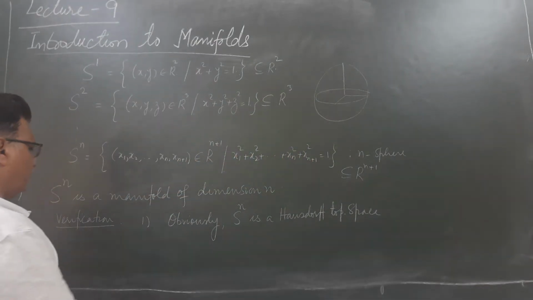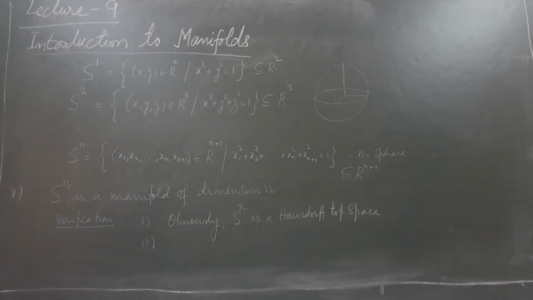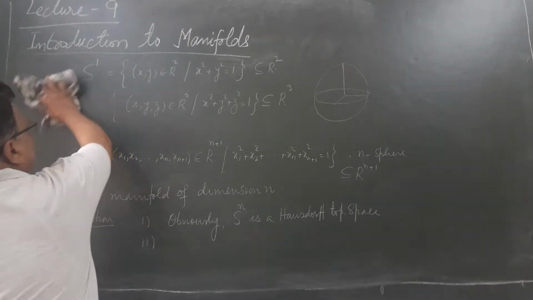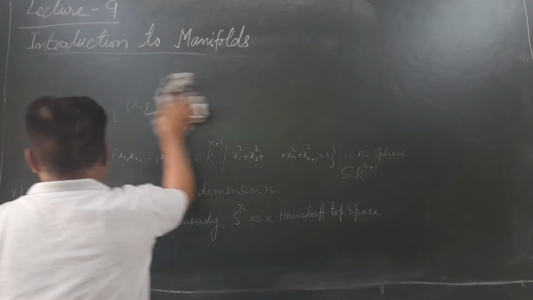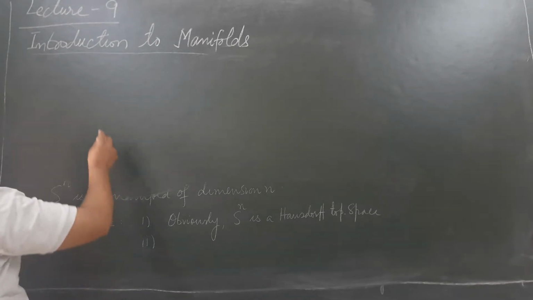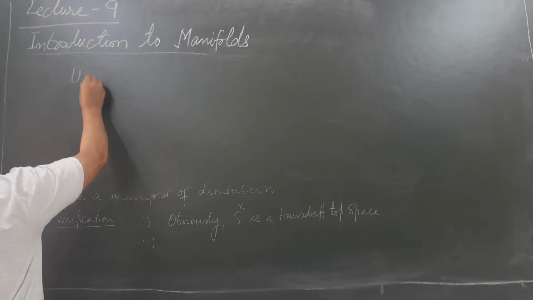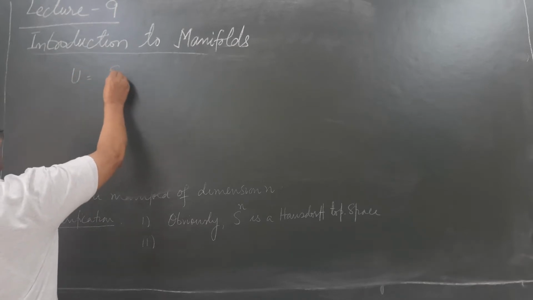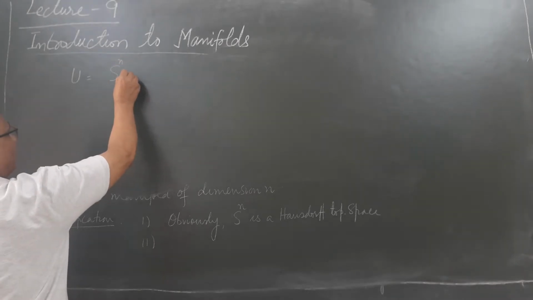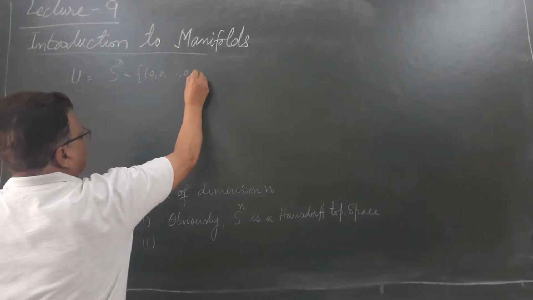The next is the main task of checking that it is a locally Euclidean space. To check that, I will do the following. You consider two open subsets of Sn. One of the open sets I will call U. I will take Sn and delete from it the point 0, 0, 0, 1.